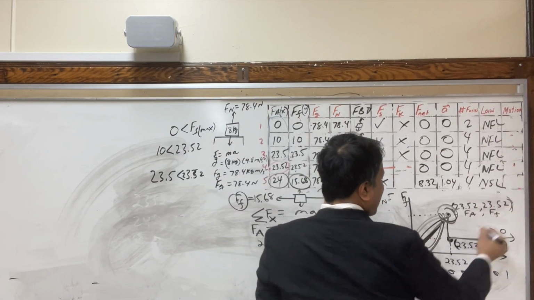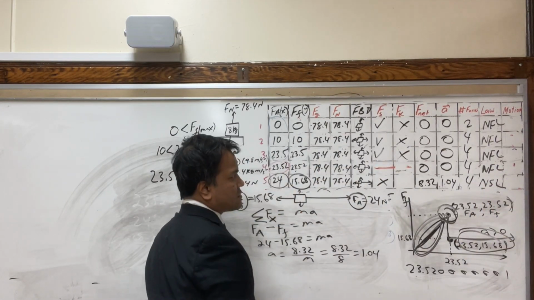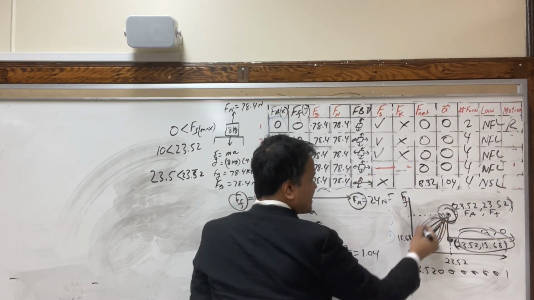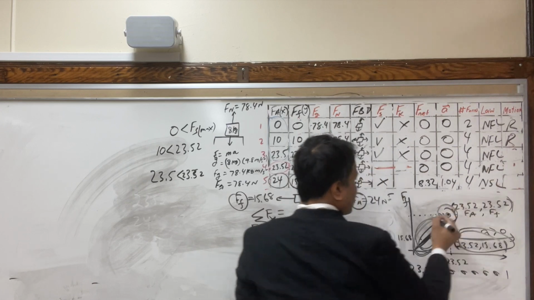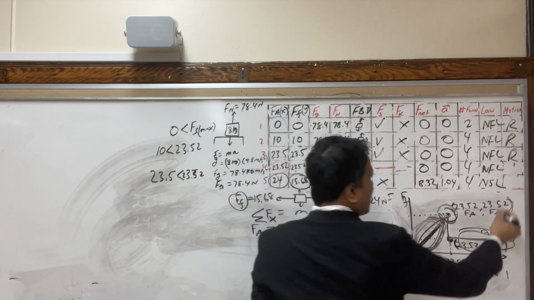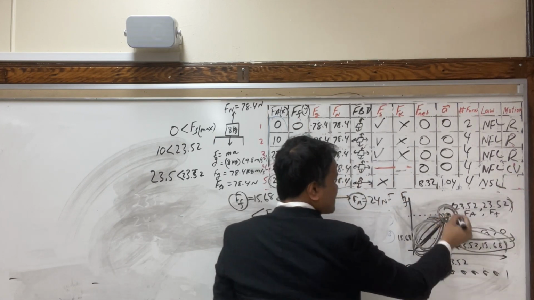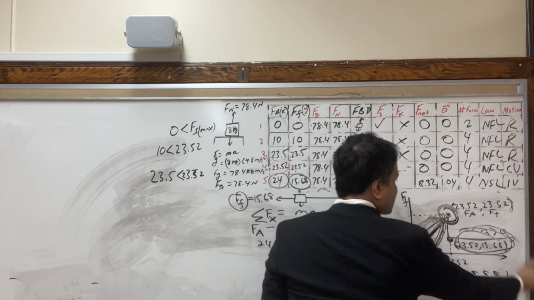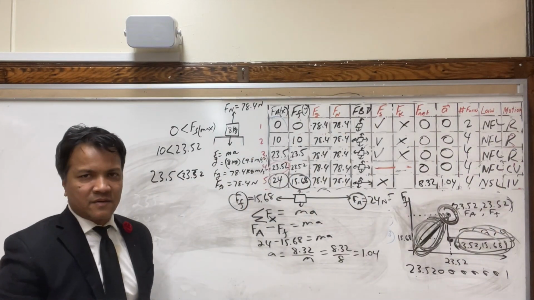Newton's second law, because it's right here. Motion, rest, because it's right here. Rest, right here. Constant velocity because it's at the peak. Increasing velocity because right here.